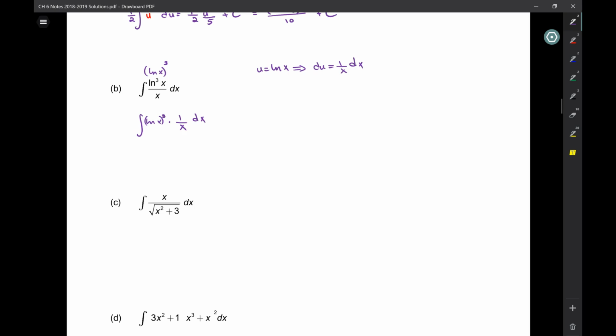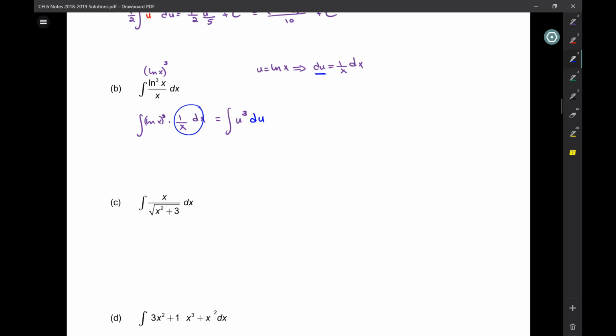Okay? So now, look at what happens here. This is u cubed, right? So that's u cubed. And then what do I have left? 1 over x dx, which is exactly what du was. Like, oh my God, seriously, how awesome is that? Oh, you get it?